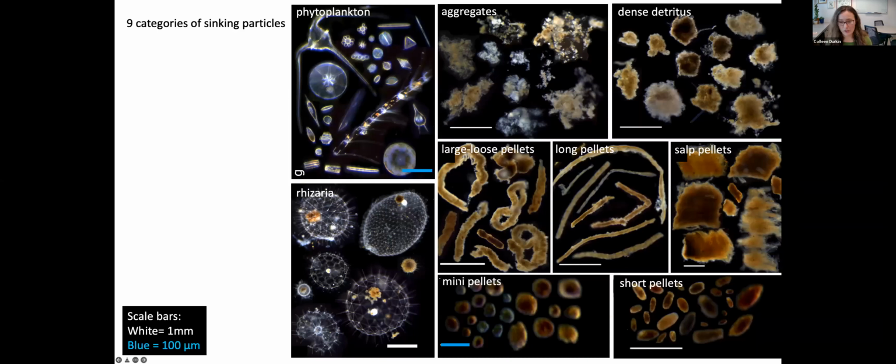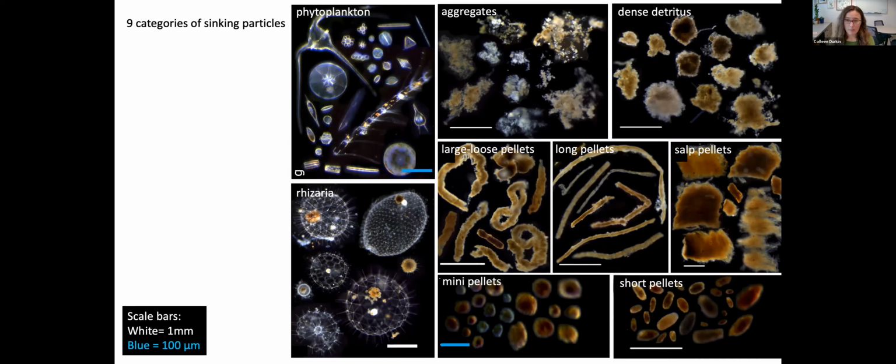Mini pellets, which are usually less than 50 microns, so they're really small, and they're produced by microzooplankton. And then these short oval pellets that are also produced by small zooplankton. So, for example, this football-shaped pellet is really typical of a larvacean fecal pellet.